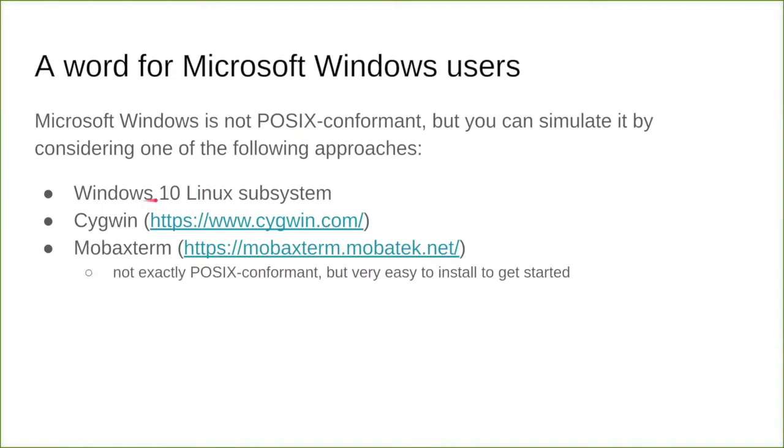I think Windows 10 has a Linux subsystem, and that is not a complete Linux system, but it's pretty workable. This is a useful thing to have if you are using Windows. Or you can install Cygwin, and there's a link here. And there's a free software called MobaXterm. This is also quite good in the sense that it's very, very easy to install.